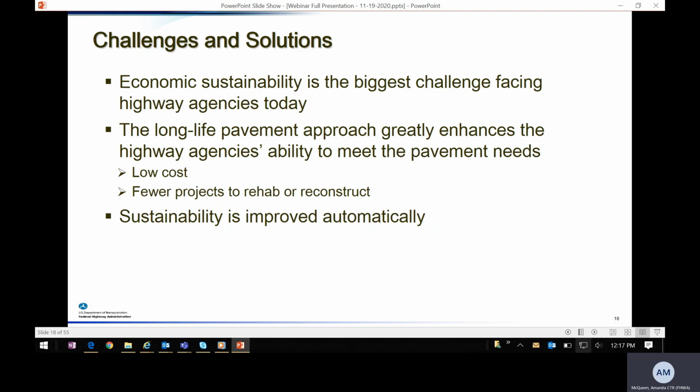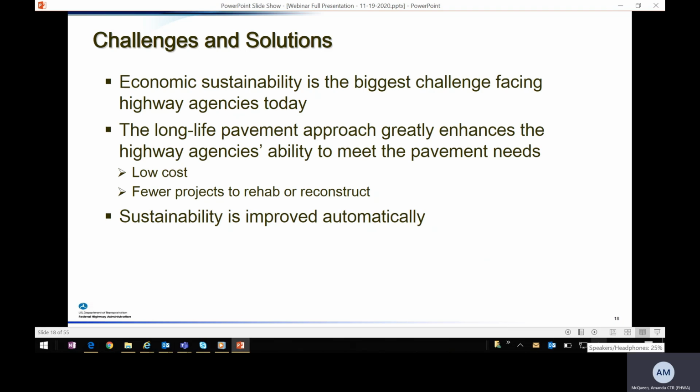But we do major rehabs. We do reconstruct some pavements. So the opportunities are when we have to do reconstruction or do major rehab, we need to start thinking in terms of providing a long life pavement, rather than a more conventional shorter life model with a deteriorating condition over time.